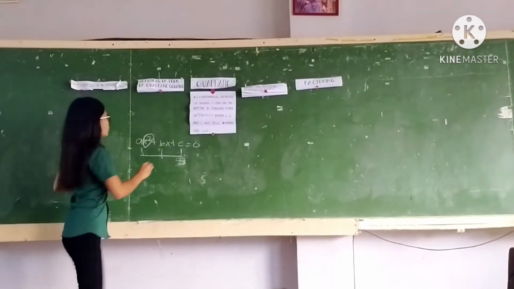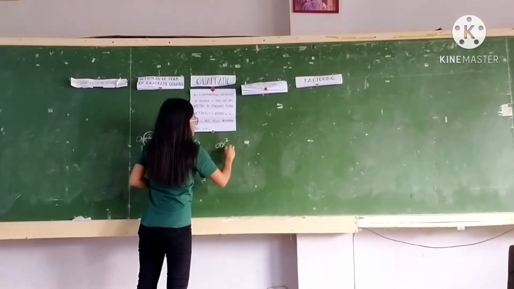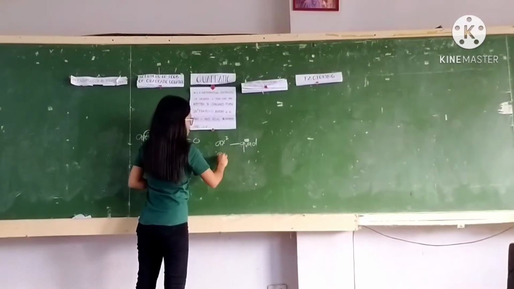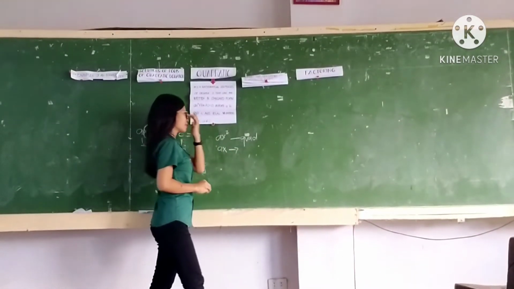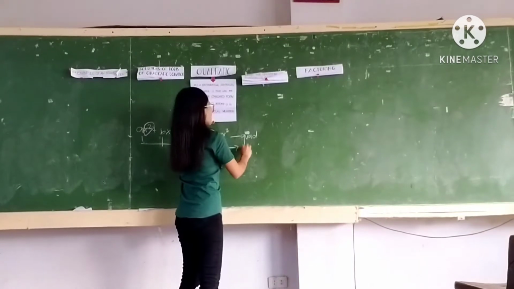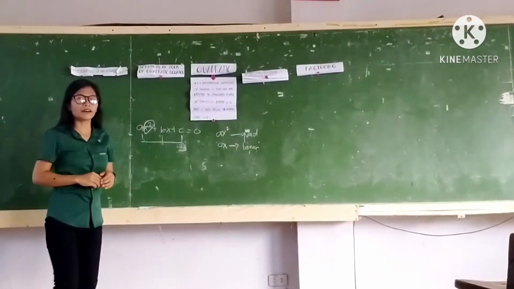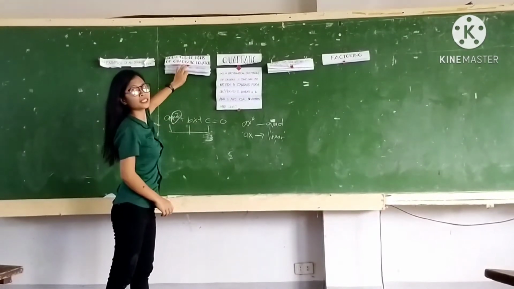For example, ax squared is quadratic, and ax, which we discussed yesterday, is linear. Clear? So let's proceed now to the solution or roots of a quadratic equation.